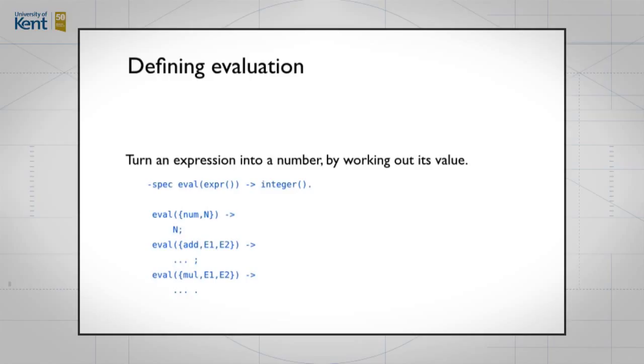How do we find the value of that? Well, what we better do is find the value of the thing on the left, the value of the thing on the right, and then add them together. That's precisely what we write. And then finally, exactly the same thing for multiplication. Find the value of the thing on the left, the value of the sub-expression on the right, and multiply those two together. And there we've got that third clause.